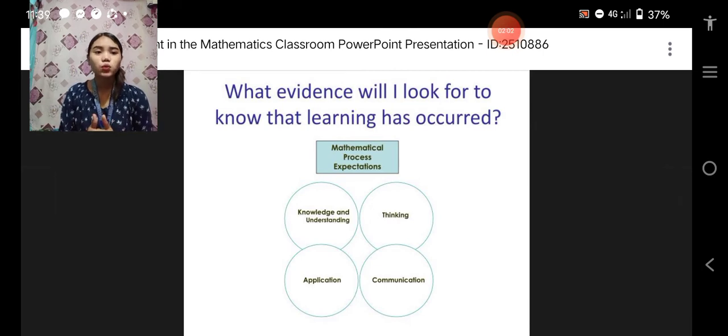And what evidence will I look for to know that learning has occurred?